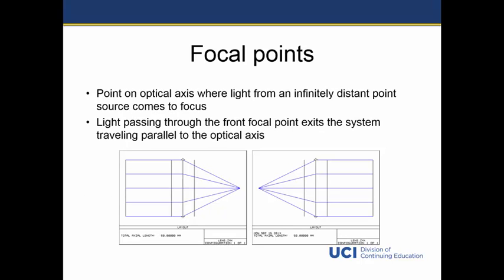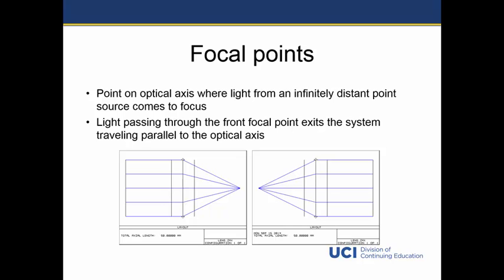So let's talk about the focal point. Okay? The definition of the focal point. A focal point is a point on the optical axis where light from an infinitely distant point source comes to focus. So in other words, if I have collimated light coming into my optical system, it will form an image at the focal point. Okay?